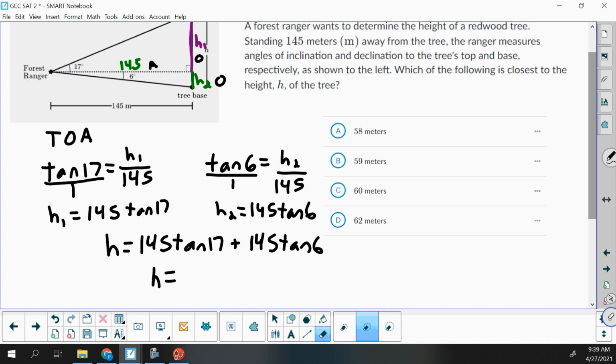So you should have got h was 59.57 and change. So that is closest. These are all to the nearest whole, so the closest would be our 60 meters. So choice C.